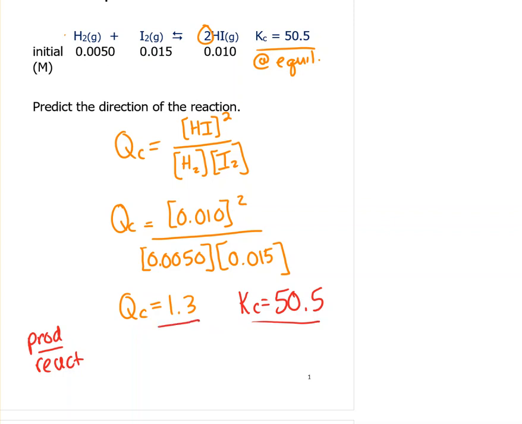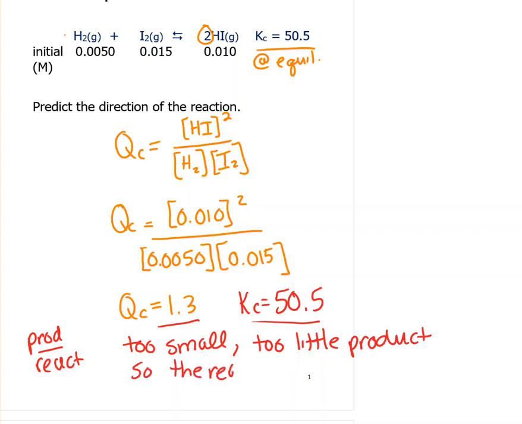It tells me that this number is too small. So the reaction will go to the right. In other words, when it reaches equilibrium, I'll have more of the hydroiodic acid than I do right now.